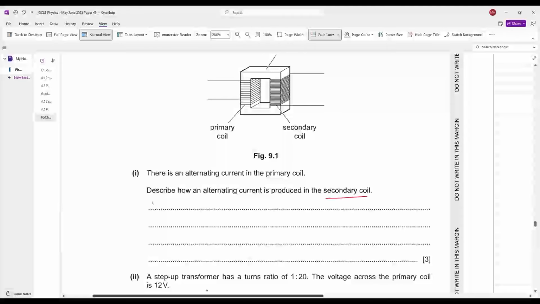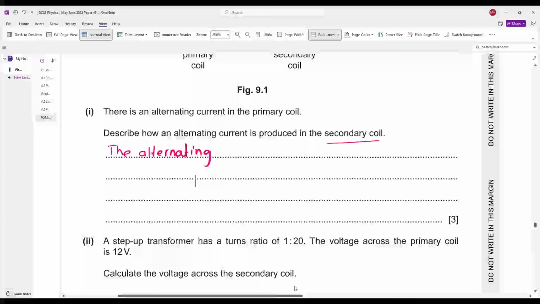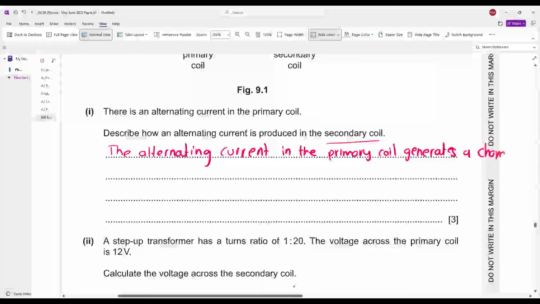How will you write this? You will say, the alternating current in the primary coil generates a changing magnetic field in the primary coil.